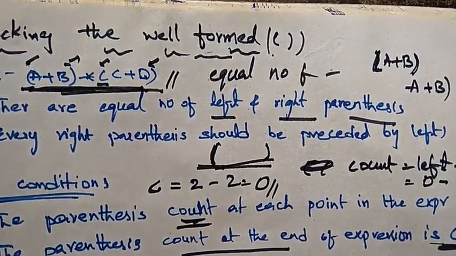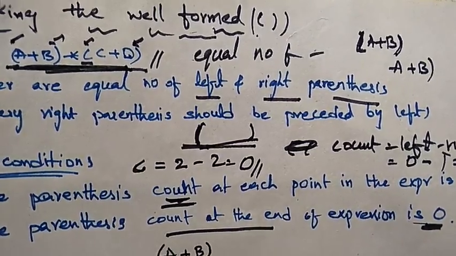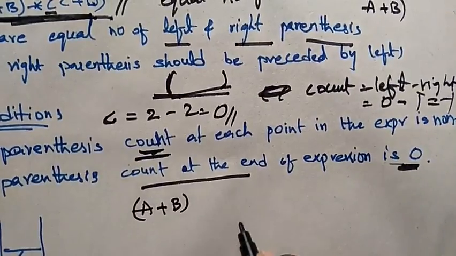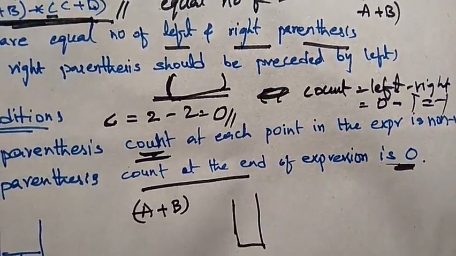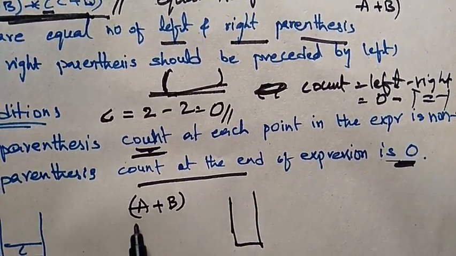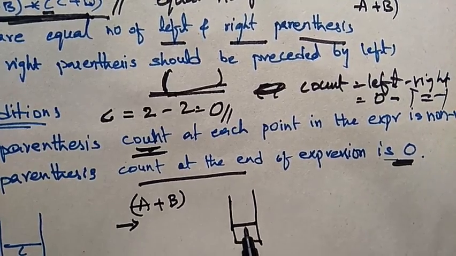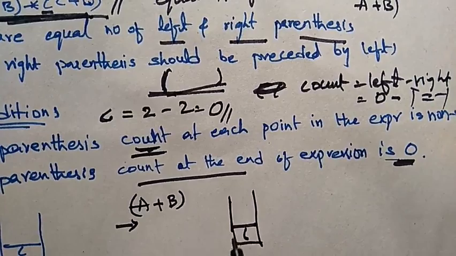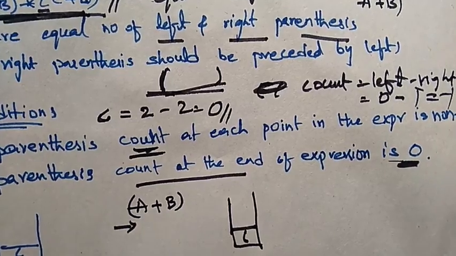Okay. See, whenever we are scanning any expression, in our stack we will be inserting our open parenthesis, or left parenthesis, I can say. Say suppose if I am scanning this, in the initial step I will be finding a left parenthesis. Then I will be finding A, B, C, whatever I am having within the parentheses.